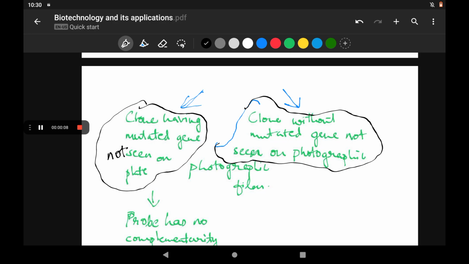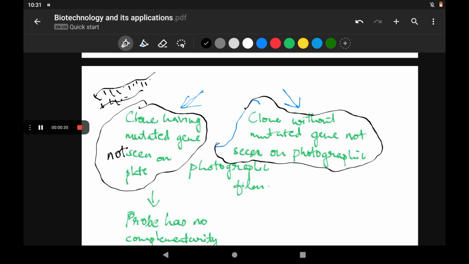Okay, students, the clone having the mutated gene is not seen on the plate. Why is it not seen? The probe does not have a complementary sequence to the mutated DNA. As a result, it won't tag the DNA having the mutated gene, because of which it is not seen on the photographic film.